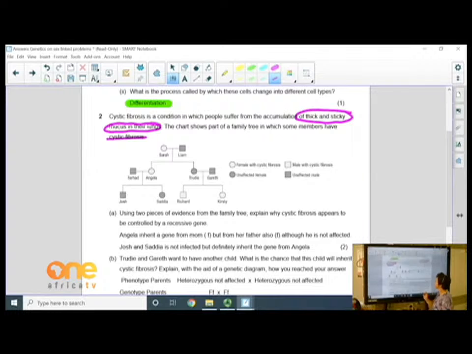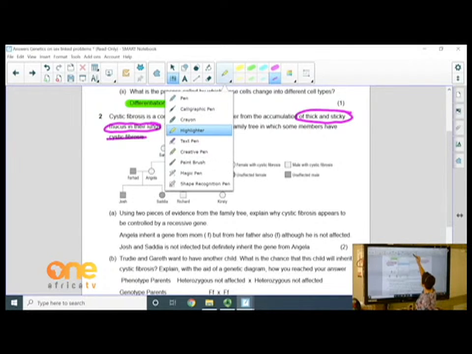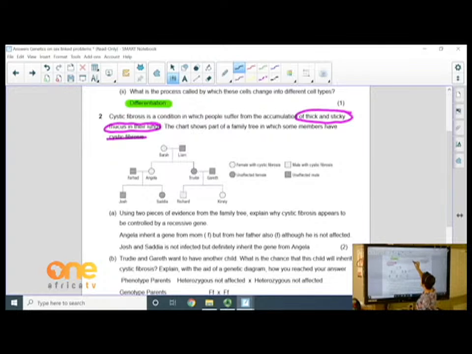Now, here we see males and females that suffer from this, and I want us to have a clear understanding of the female and another female. Those that are colored are unaffected. Those that are only a circle have cystic fibrosis.